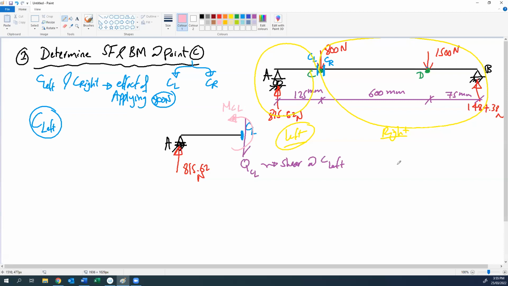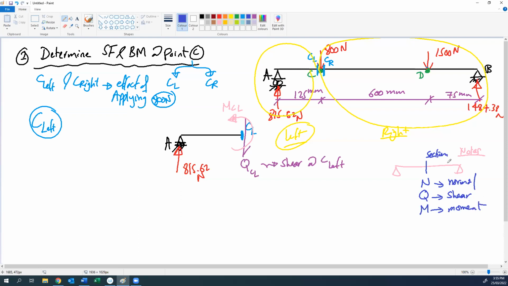You need to know this note here: any cut, if you have a simple beam, at any section of the beam, you will have 3 main things: normal force, shear force, and bending moment. N for normal force, Q for shear force, and M for moment.